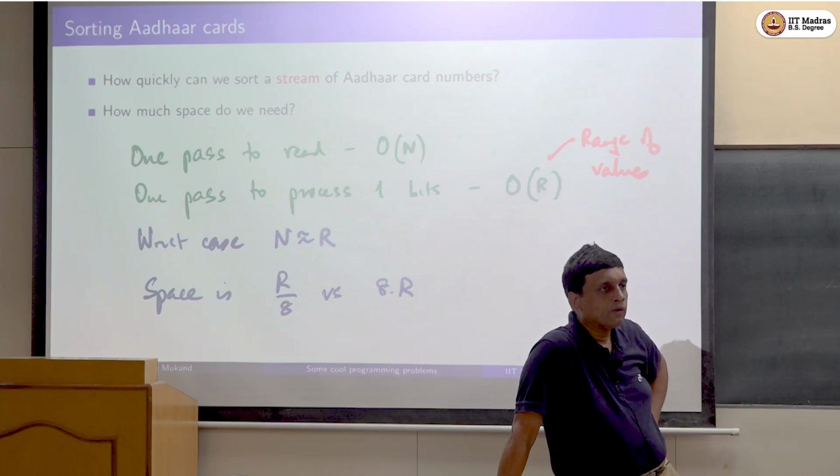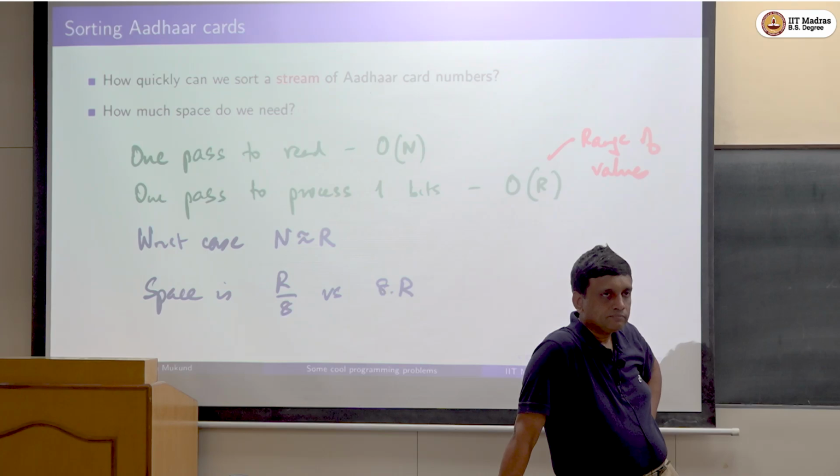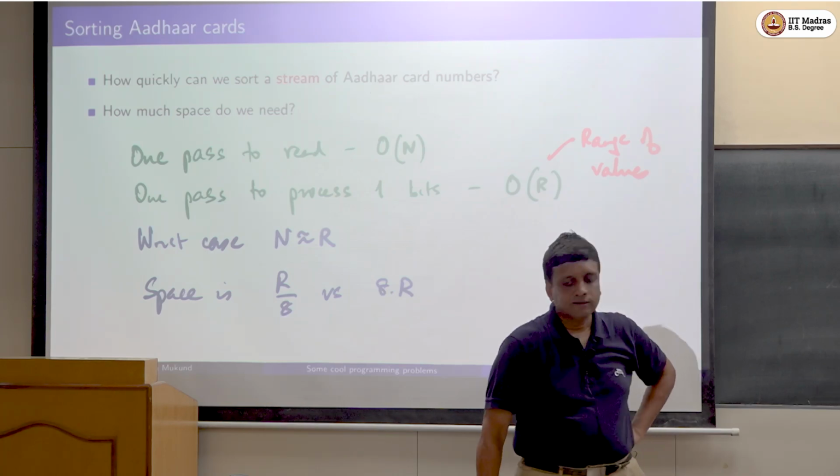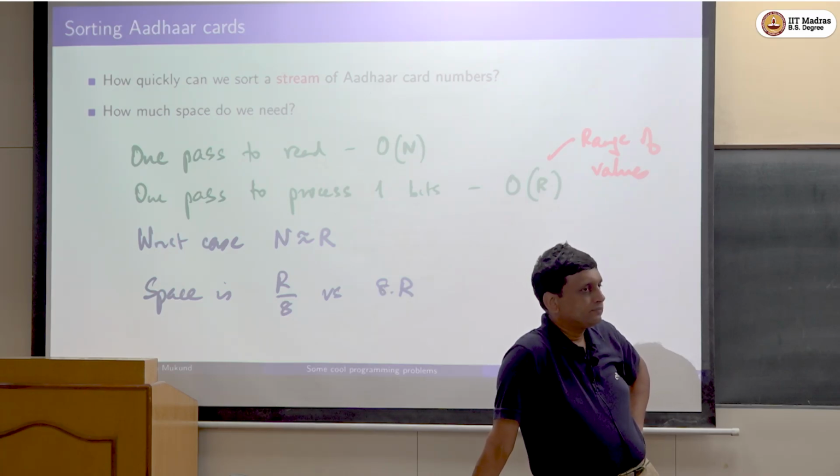So in that model, you can't do anything better than n log n. Okay, that you can prove. But if you have information about the representation of the information, you can do much better. So this is one example where we have actually taken a bit sequence and done it.